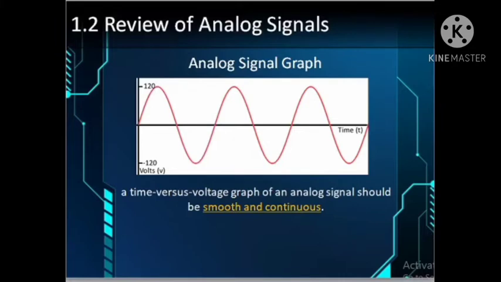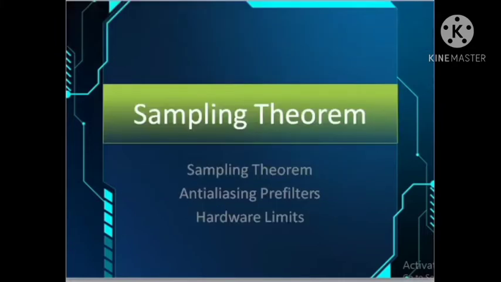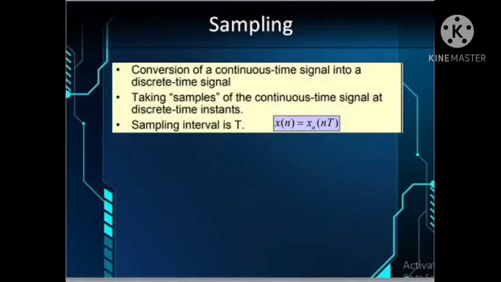Let's go to the first main topic of chapter 1, which is the sampling theorem. Under this are the sampling theorem, anti-aliasing pre-filters, and hardware limits. Before we tackle what the sampling theorem is, let's first define what sampling is.